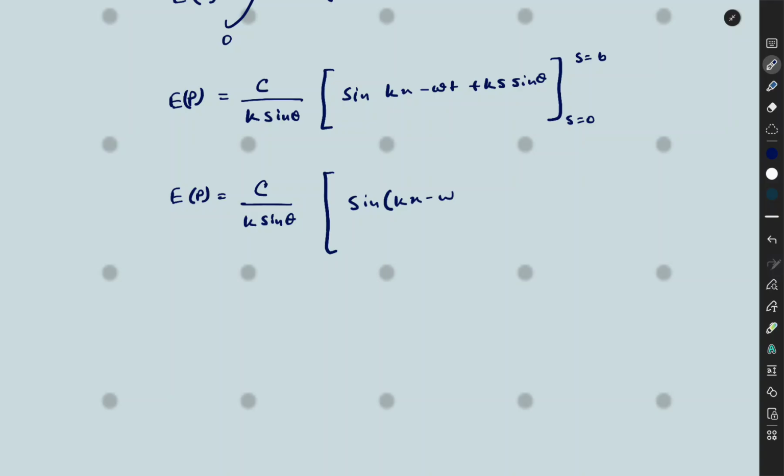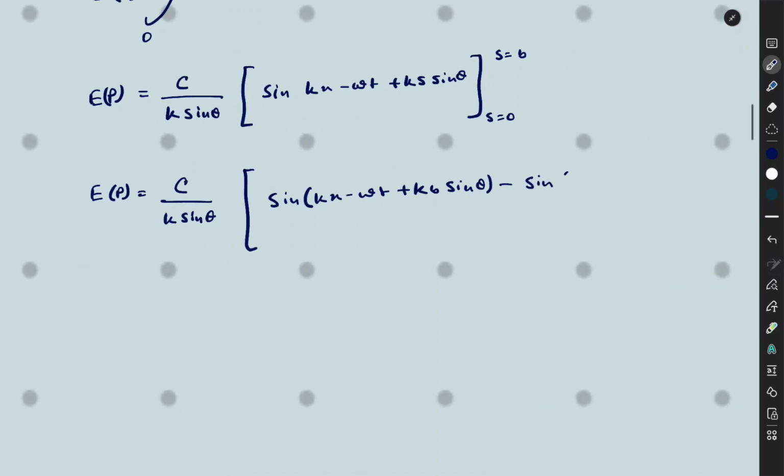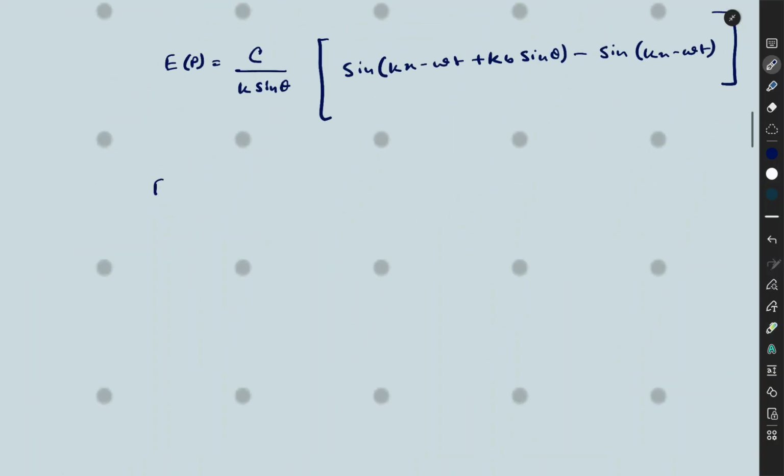So now E of p will become c by k sine theta into sine of kx minus omega t plus kb sine theta, minus sine of kx minus omega t. Now we'll apply the formula for sine c minus sine d.